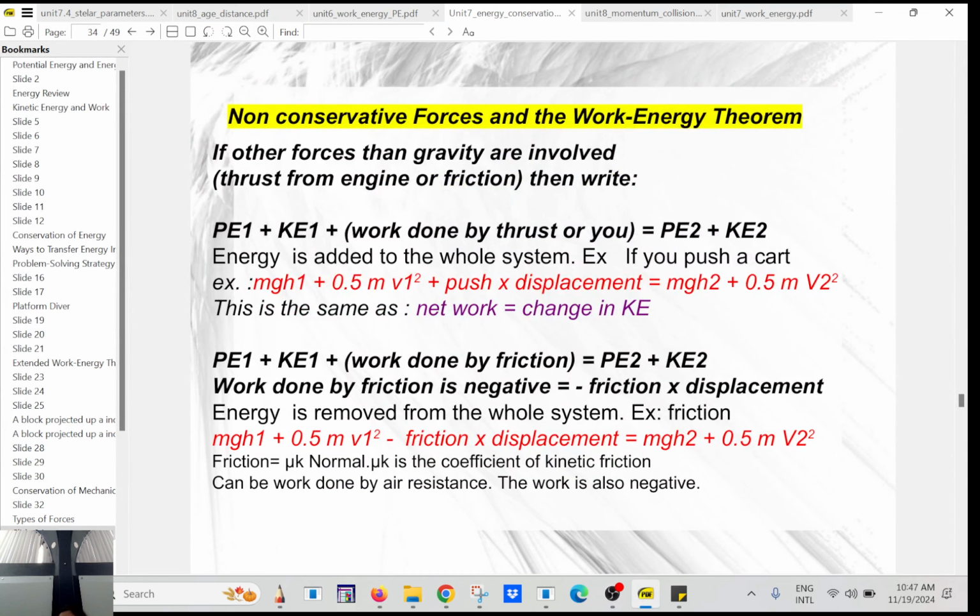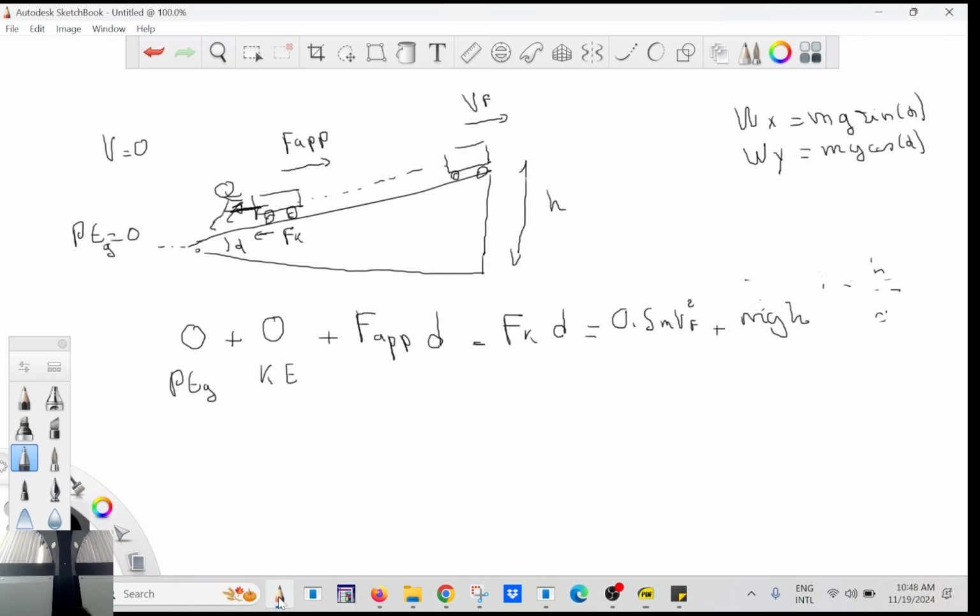Mechanical energy before, so potential plus kinetic, plus whatever is being applied to increase the speed, minus the work done by friction or air resistance will be equal to the total mechanical energy after. Is that clear? And you can solve for whatever is to be solved.